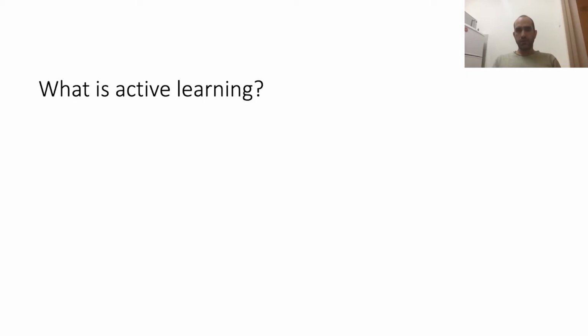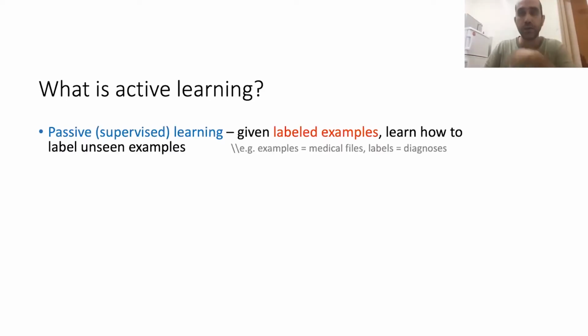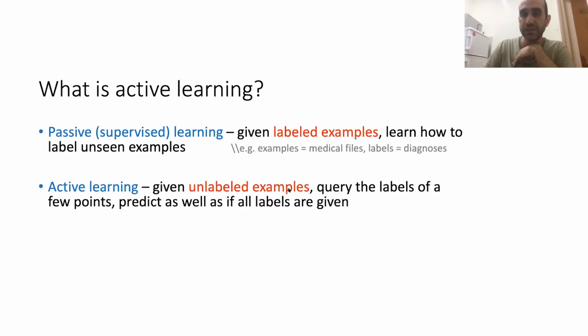Okay, so before we dive into the fun mathematics, let me talk a little bit about the motivation. So what is active learning? In passive and super classical supervised learning, we're given labeled examples, and we need to learn how to label unseen examples. The examples may be medical files and the labels may be diagnoses of them.